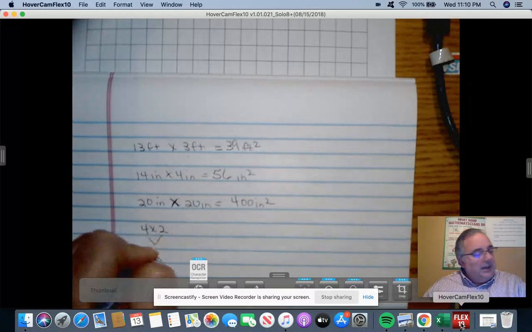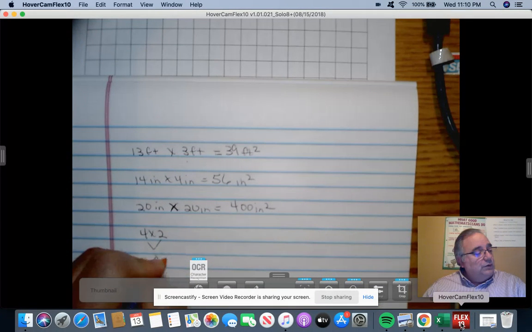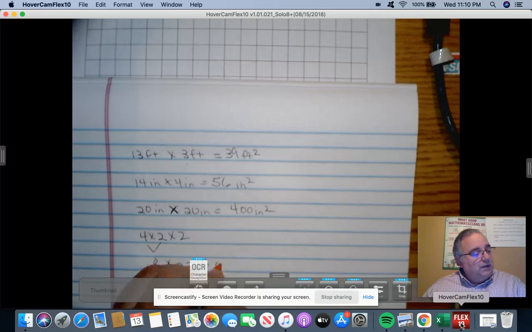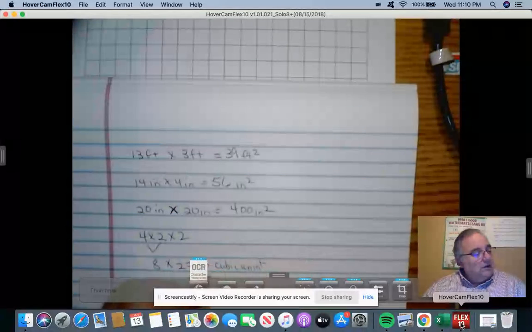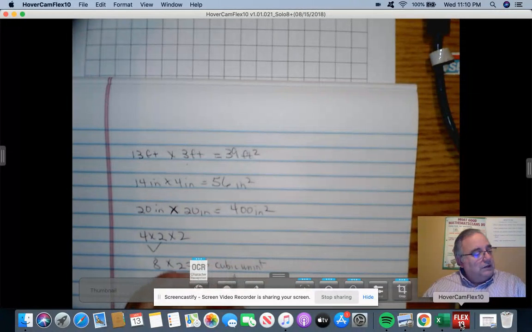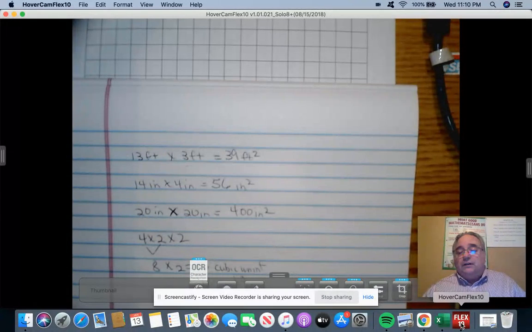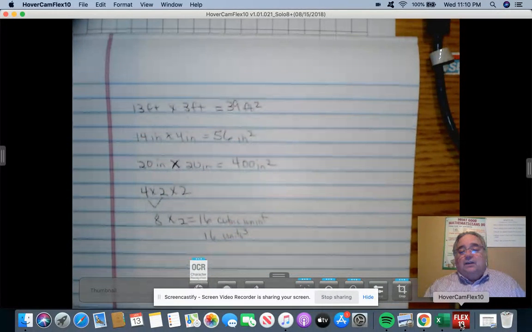That gives me 8. And then 2 more cubes that were for the height. So that gives me 16 cubic units or unit cubed. Either way.